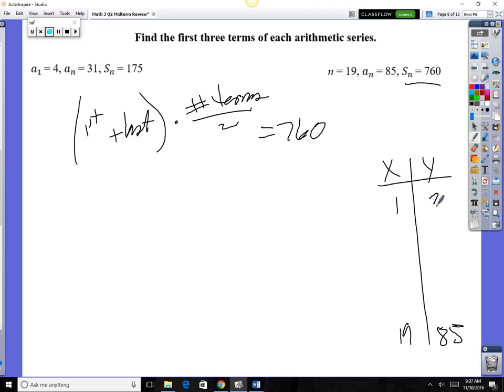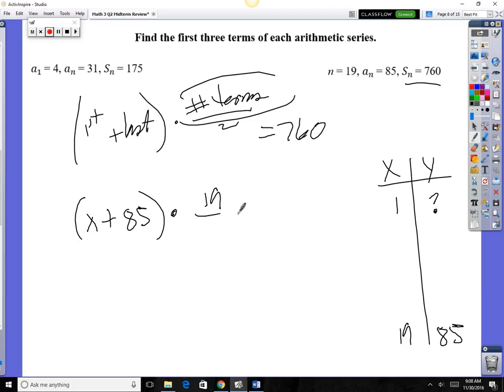So we do not know what the first one is. So the first one, you're going to have to put x. The last one, you're going to have to put 85, times the number of terms in that list, we know that. That's 19 divided by 2, and that's equal to 760.